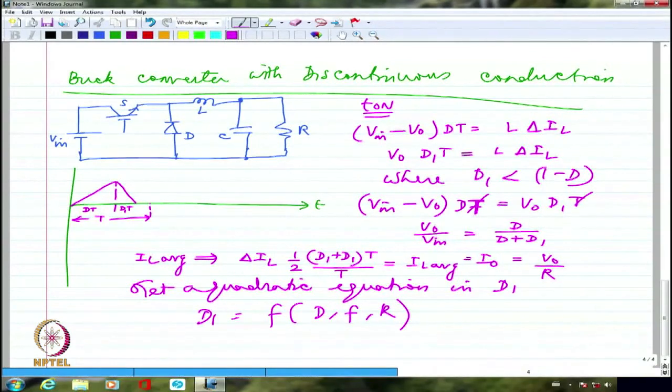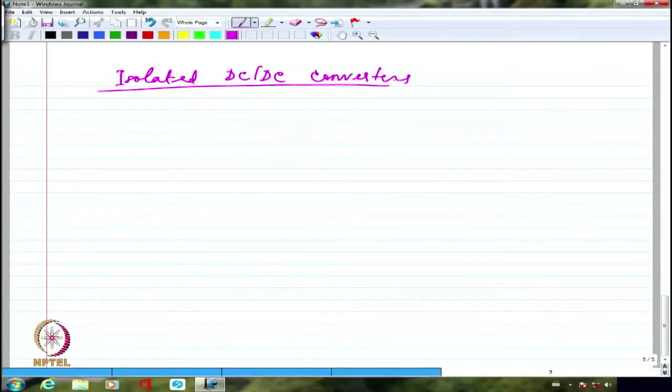But before that, I would like to go in for isolated DC-DC converters. So in isolated DC-DC converters, the major difference is that I'm going to have a transformer.